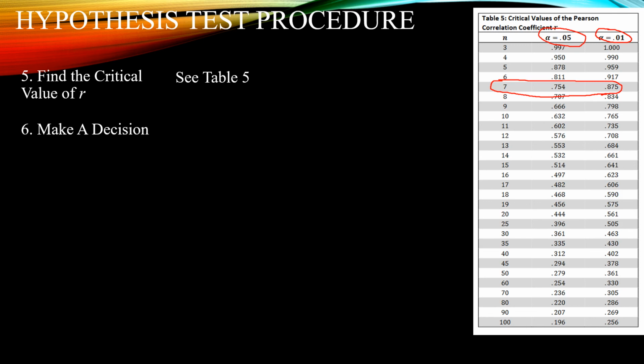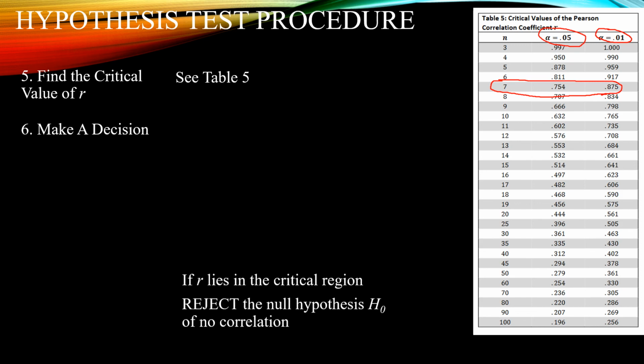So let's say we had a 5% significance level. I would use the value R critical of 0.754. If I find my sample correlation coefficient is bigger than 0.754, that's either bigger than positive 0.754 or less than negative 0.754, it will be significantly away from 0, and that will allow you to reject the null hypothesis.